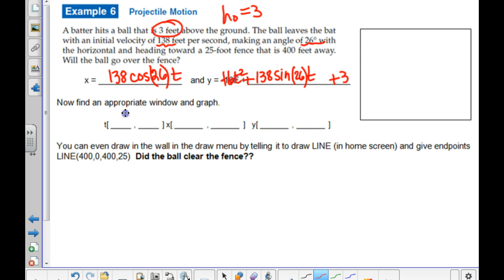Give me a guess. 300 feet away? High? It says there's a fence 400 feet away, so I'm thinking it is going to have to be more like 500 feet away here. Height? What do you think? 100 is enough, maybe? 5 seconds? I don't know. Let's see if that works.